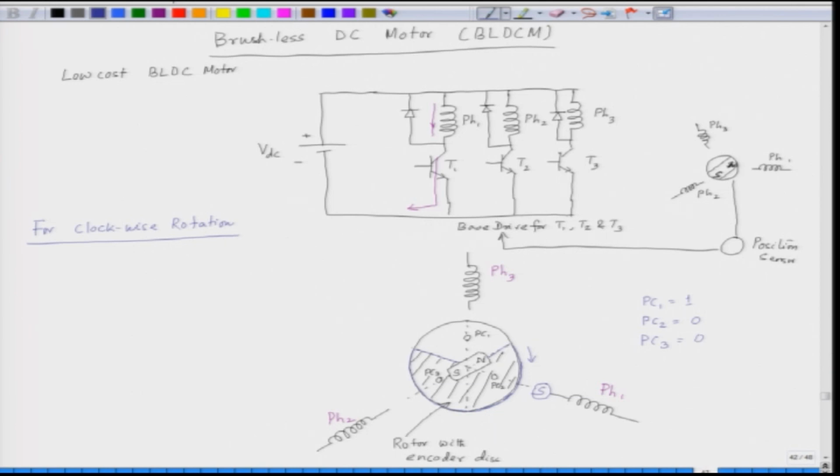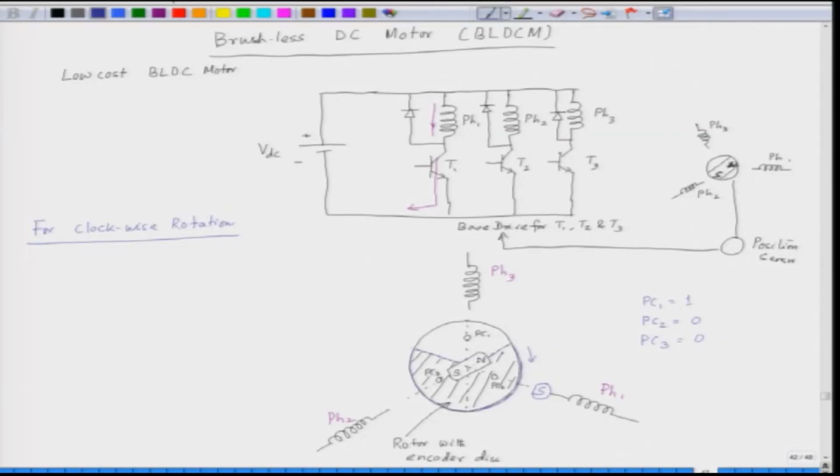The light from one side is received by the phototransistor and the output is 1, and the other two light sources are obstructed by the opaque medium. So, the outputs of PC2 and PC3 are 0. Under this condition PC1 feeds the base of the transistor T1.